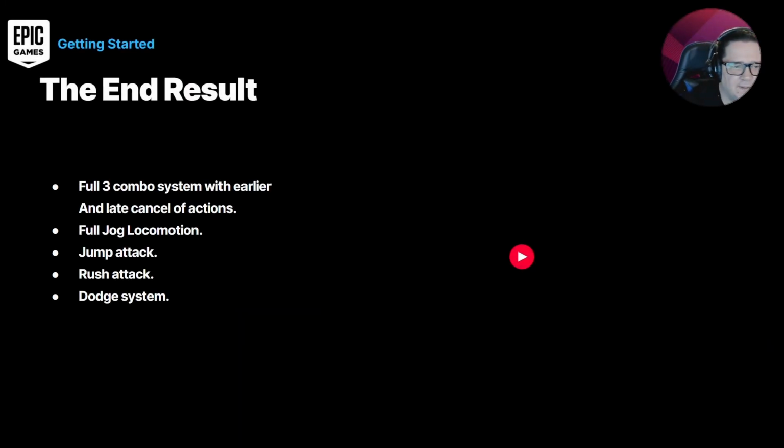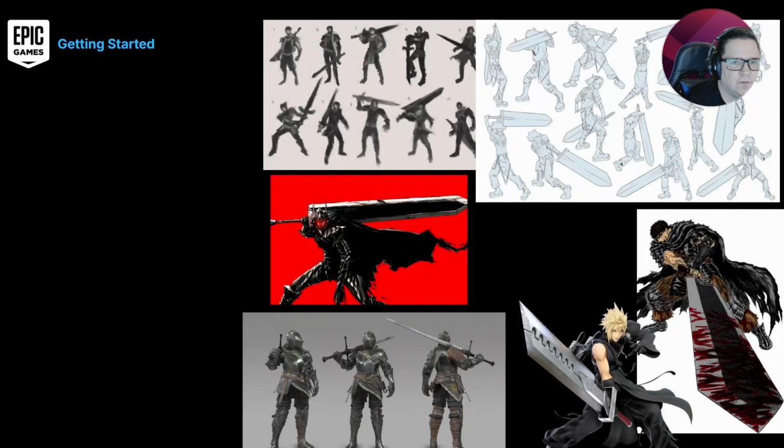So let's dive in. Now, before we dive into the system and how I created it, it's important to take a look at the references I used for this project. My idea was that I wanted to adapt Lyra to create a melee combo system, and I wanted to use the giant sword inspired by one of my favorite animes called Berserk, where the protagonist Guts uses a big giant sword called the Dragon Slayer, which is the one that we can see in the video.